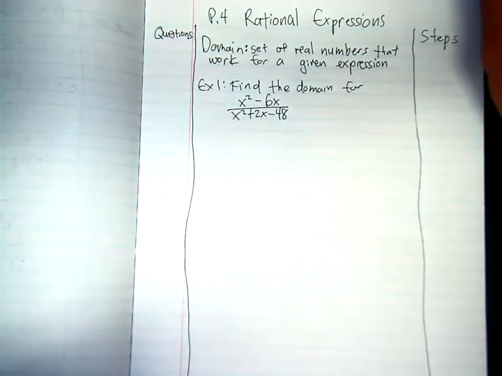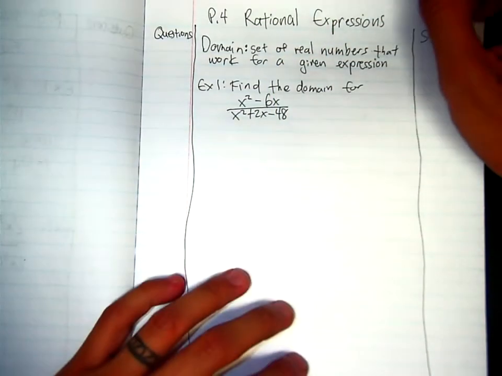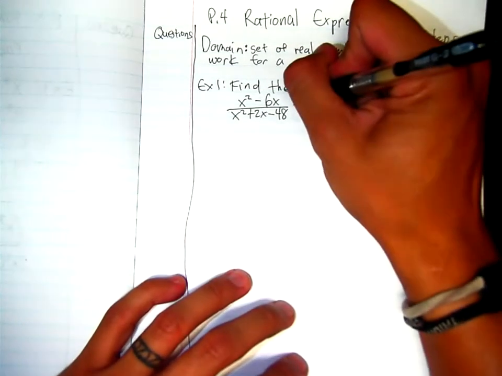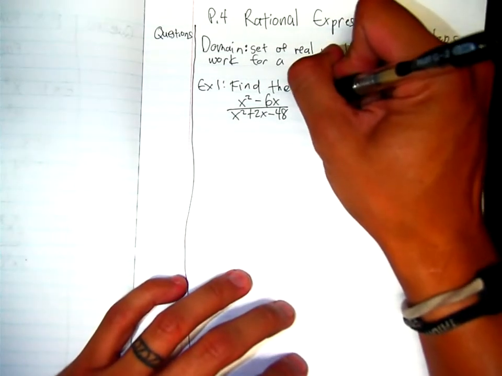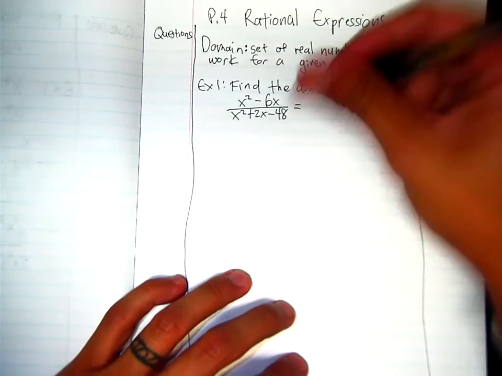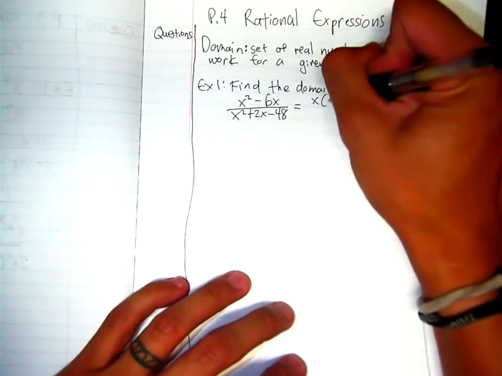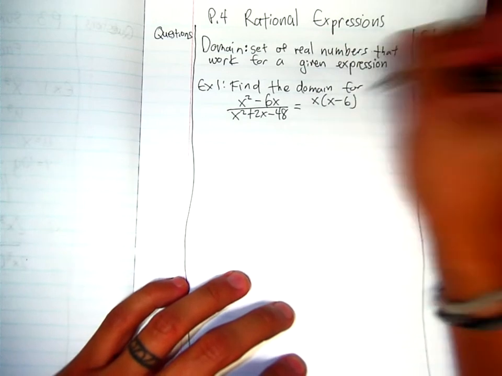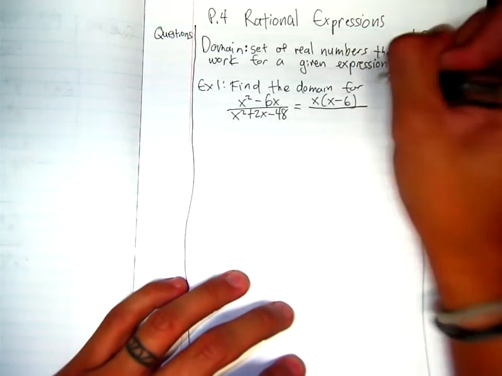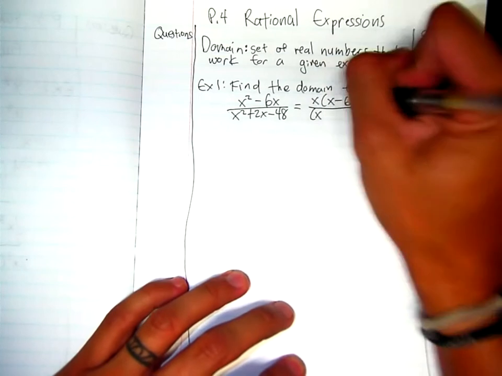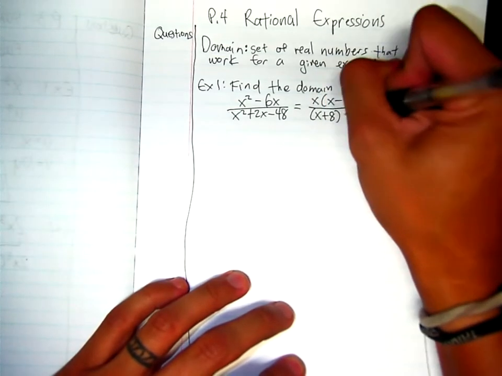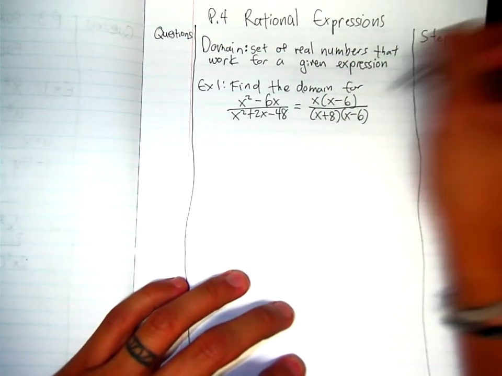Okay, so if I look at this expression, it looks like I probably have to factor. And I'm pretty much always going to try to factor as much as I can. So if I look at the top, I can factor out an x. That'll be x times x minus 6. If I factor the bottom, it'll be x plus 8, x minus 6.